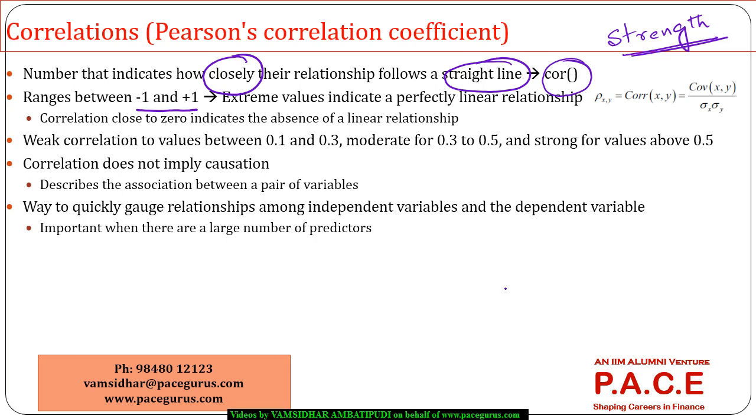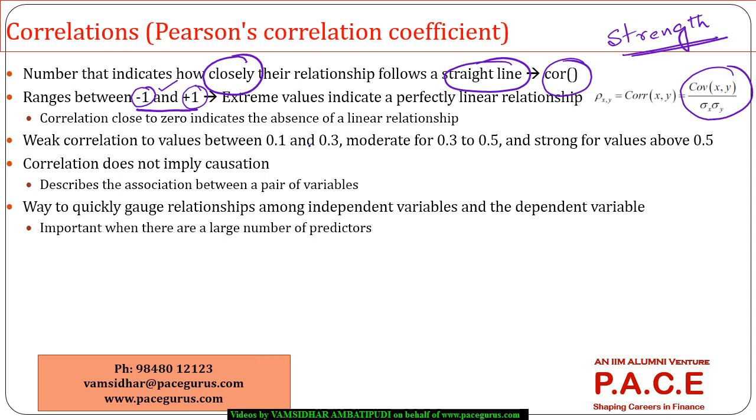We can use a direct function called cor, which will give me the correlation between pairs of variables. Theoretically, it is the covariance between x and y divided by the standard deviation of x times the standard deviation of y. It ranges between -1 and +1. If the value is close to +1, it indicates a strong positive correlation.